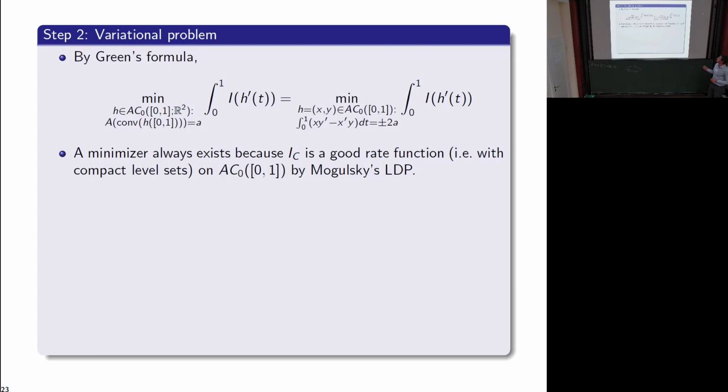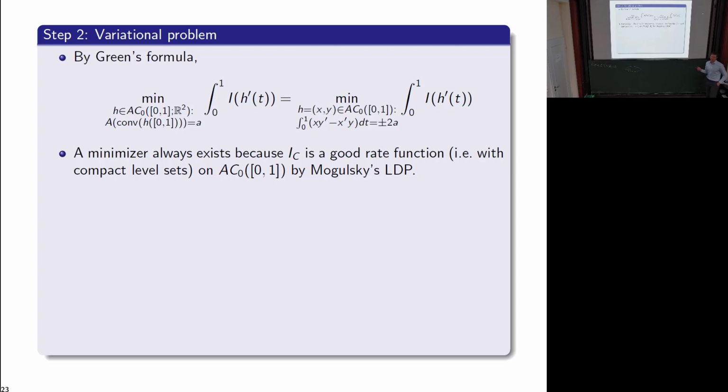Here h is now a vector with coordinates x of t and y of t, and we minimize one integral of a cost function of the velocity of the curve, given a fixed other integral in terms of the curve and its derivative.